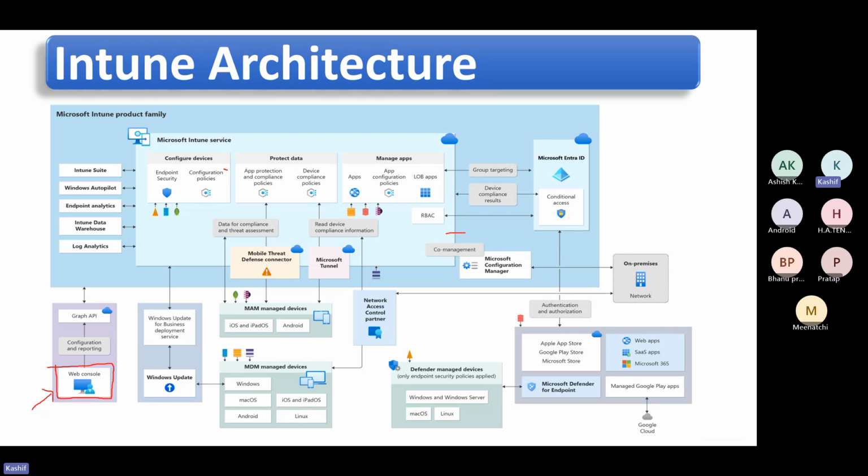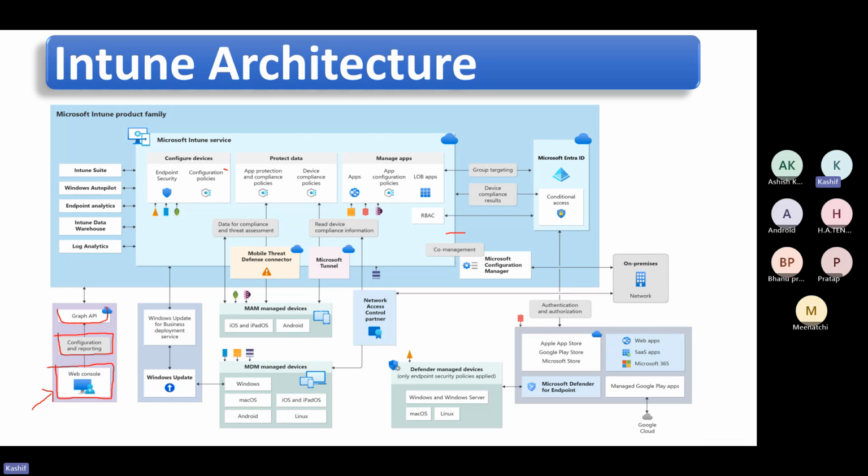You get the web console. Now through that web console, you basically do what? Configuration and reporting. You would be deploying some configuration profile, or deploying some compliance policy or some application, or you need some reports. All those things you do through the web console are given to Graph API.